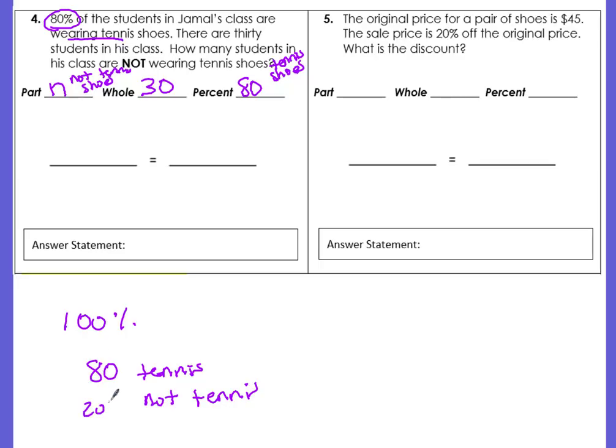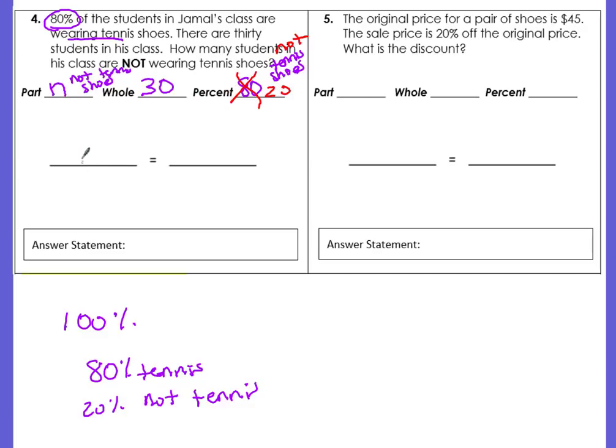Well, it's going to be 20%, because these two have to add up to 100%. 80% plus 20% equals 100. So if we're looking for the number of students who are not wearing tennis shoes, we need to change this over here. Instead of 80%, we need to put 20%. And these are the not wearing the tennis shoes. Now the part and the percent match. We're ready to set up our percent proportion.